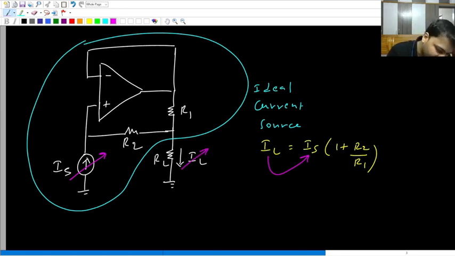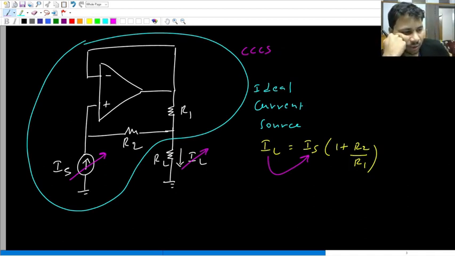So varying the current in this branch will affect the current flowing in this branch. Current in one branch is affecting the current in another branch. Is it not the behavior of a current controlled current source? So this circuit behaves like a current controlled current source.